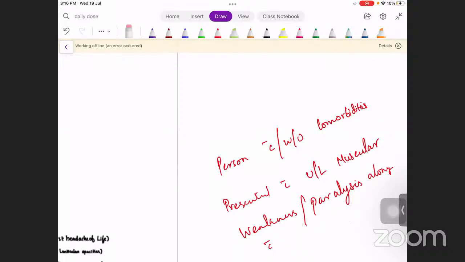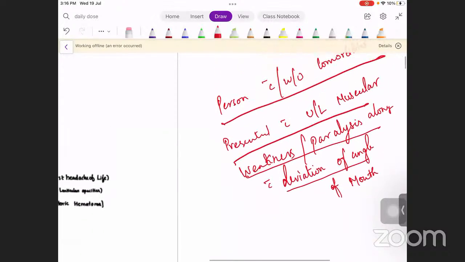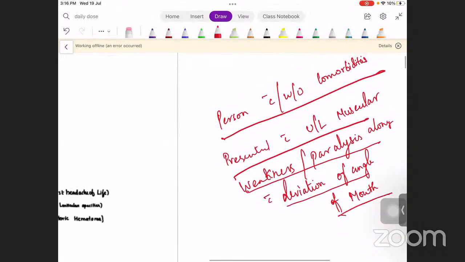Deviation of angle of mouth, along with unilateral weakness, is the typical stroke case you may see in the patient. A person with or without comorbidities presented with unilateral muscular weakness or paralysis along with deviation of the angle of mouth is a classical scenario of a stroke patient.